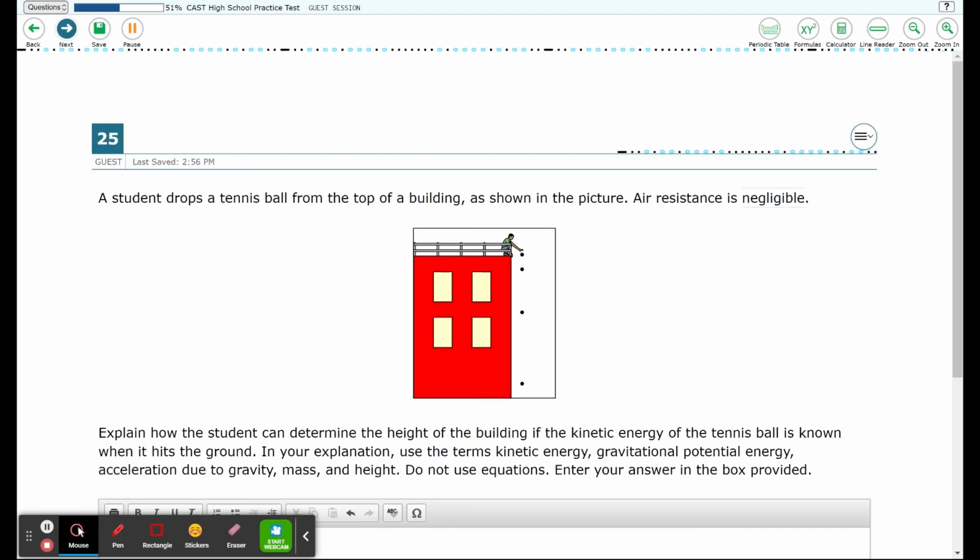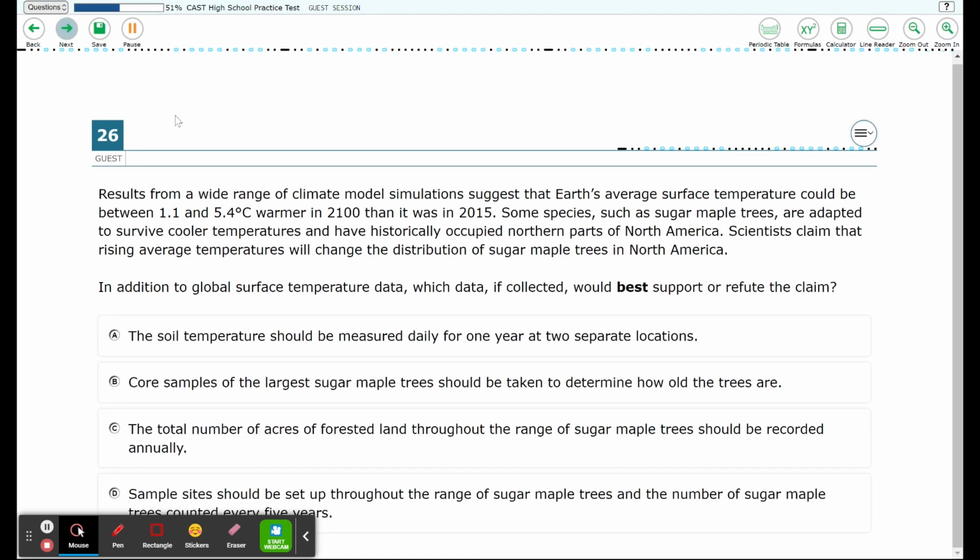All right, moving along to question number 26. Results from a wide range of climate model simulations suggest that Earth's average surface temperature could be between 1.1 and 5.4 degrees Celsius warmer in 2100 than it was in 2015.